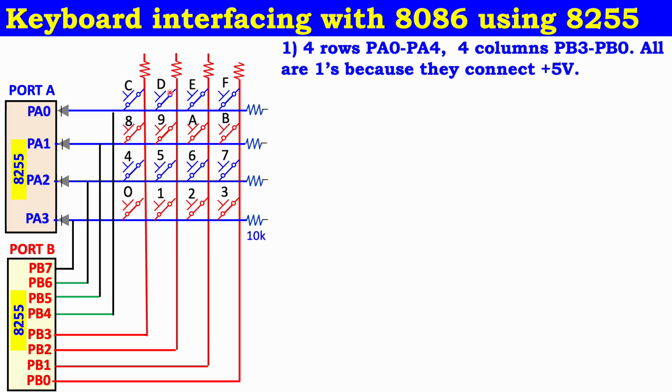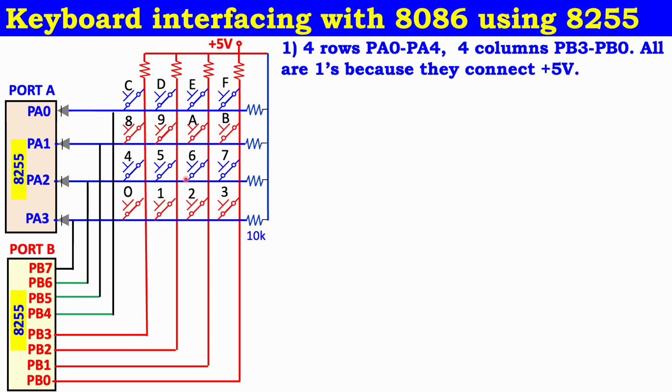Now we provide the input supply initially, that is 5 volts for all rows. See, all 4 rows are at 5 volts, and all 4 columns are at 5 volts. Nothing but all key switch positions are at high logic, 5 volts.